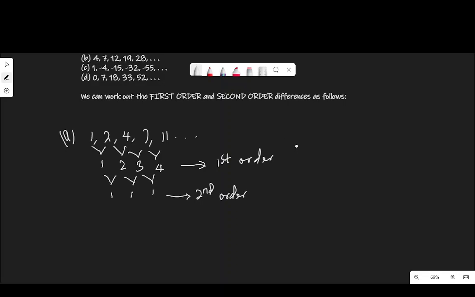Let's try that for B, to get their differences, both the first order and the second order.